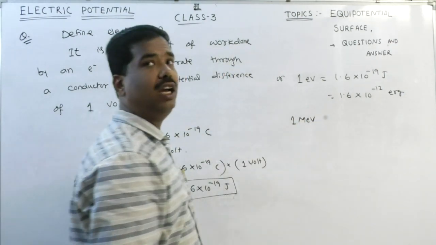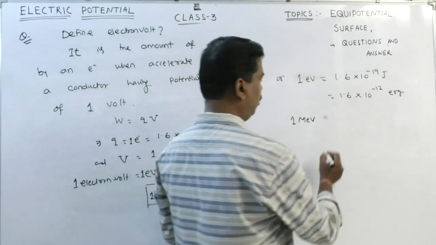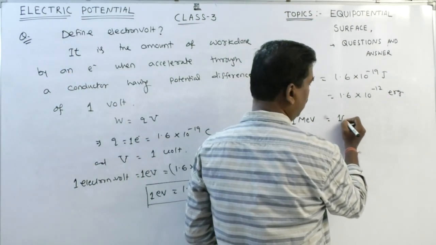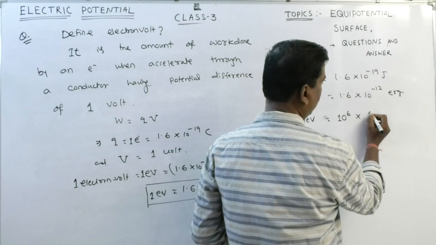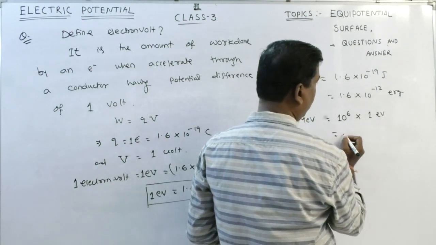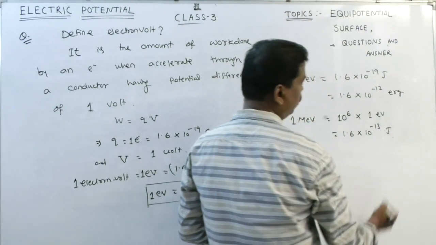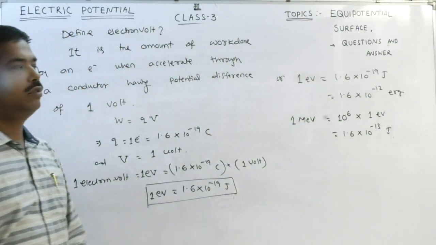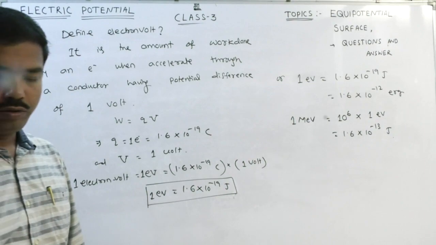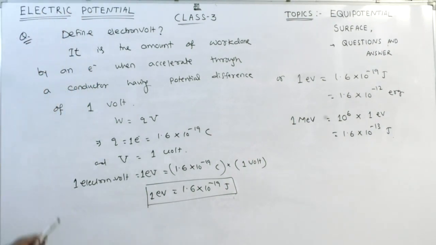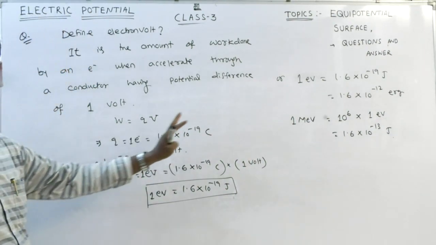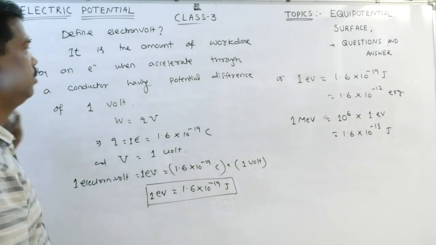MeV means mega electron volt, which is 10 to the power 6 into 1 eV, or 1.6 into 10 to the power minus 13 joule. Clear? Okay?